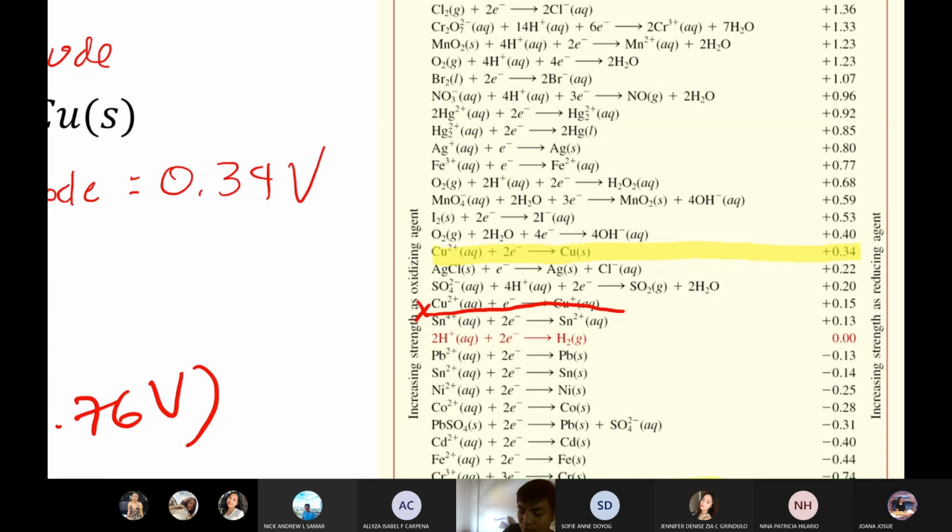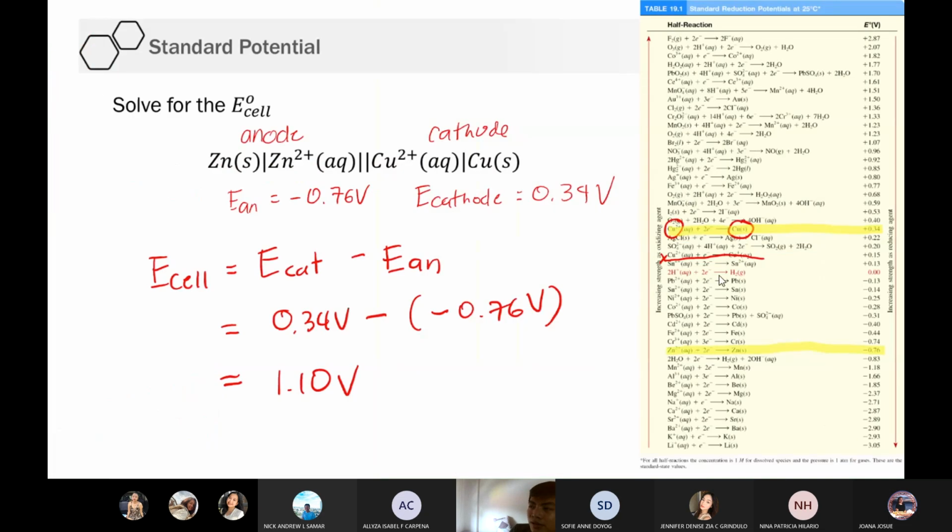Hanapin nyo yung may copper 2 plus, pati yung may copper only. Marami kasing ions na nakalagay dito, kaya mag-ingat. Kailangan makita mo yung correct ions dito.